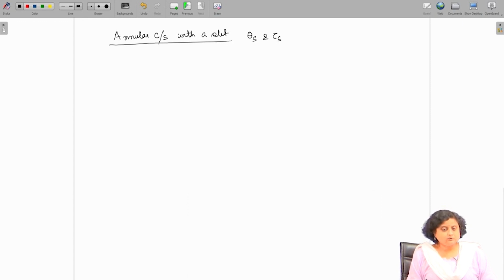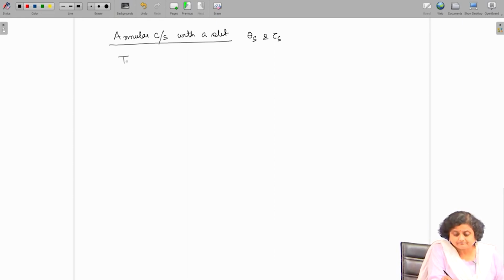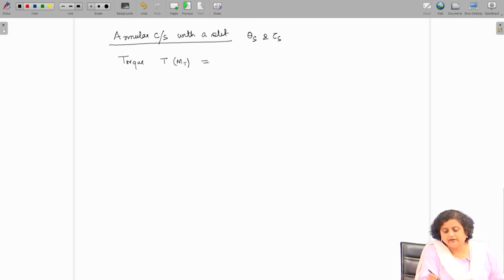According to the formulas that we have derived using the same membrane analogy for thin open walled cross sections, the torque T, which is basically M_t, we have been calling it M_t all the while, is given as 1/3 B t cube into G theta.